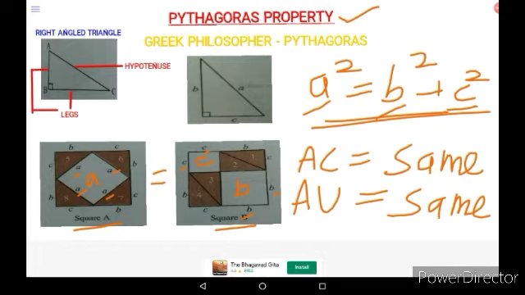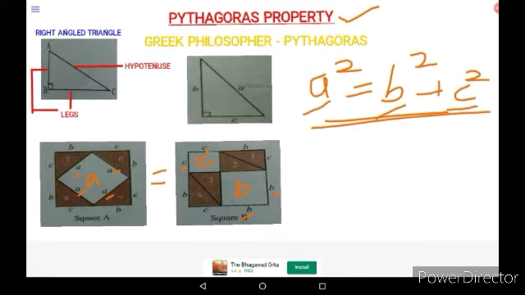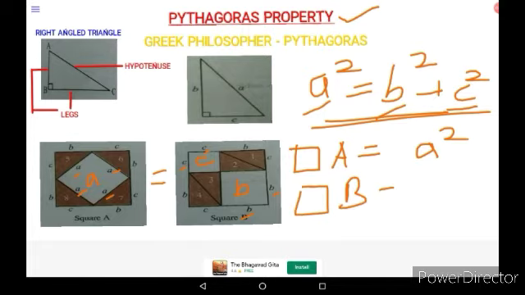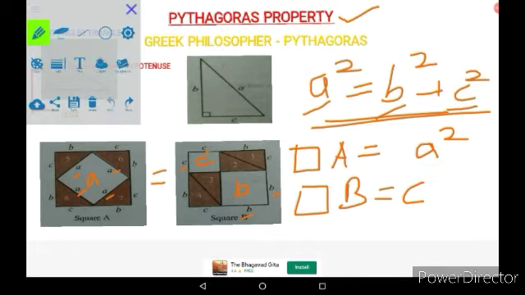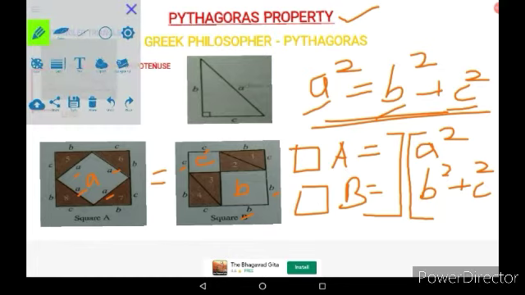Basically, in square A, the bigger one, A square is the area uncovered, and in square B, C square plus B square is the area uncovered, and these are equal, which means A square is equal to B square plus C square. So we have concluded the property.